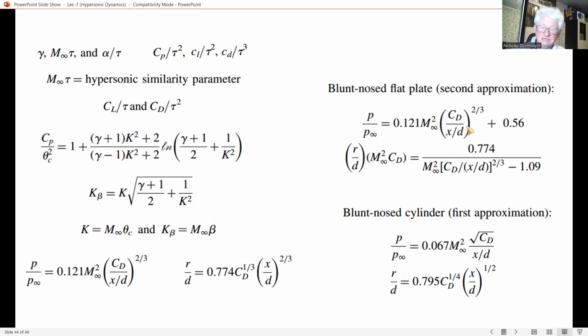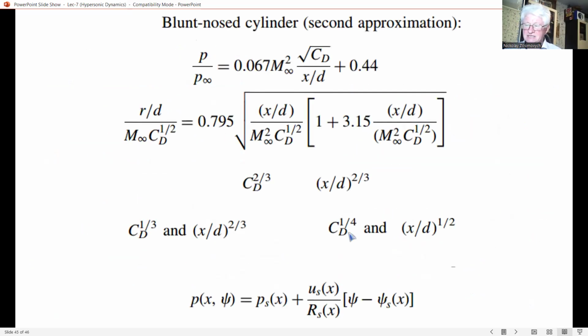For the blunt-nosed flat plate, the second approximation is different: we get this coefficient and this coefficient. For a blunt-nosed cylinder, the first approximation may be written as this expression. For a blunt-nosed cylinder in second approximation, we may get the next expression.